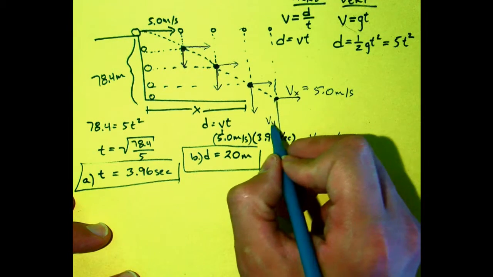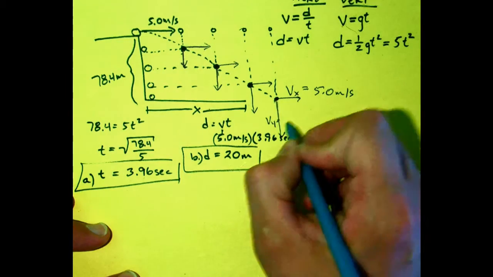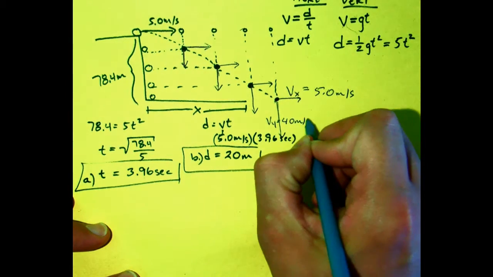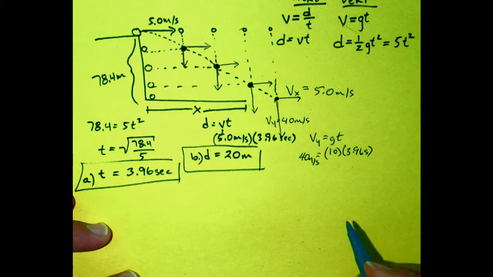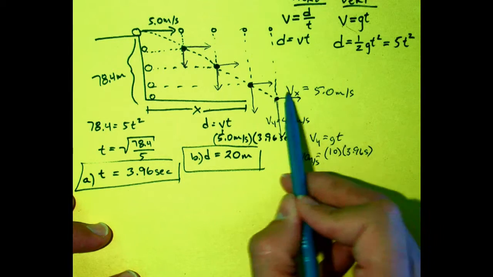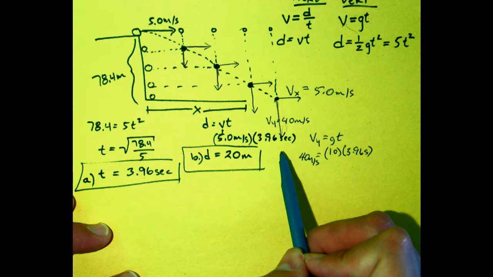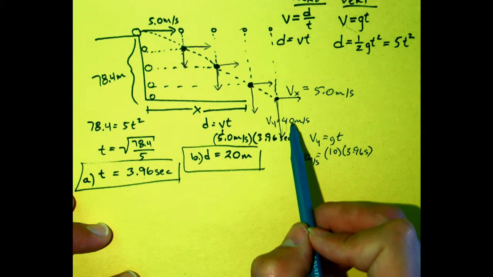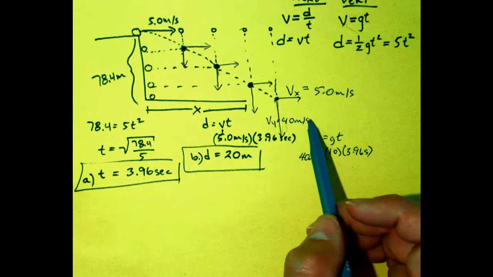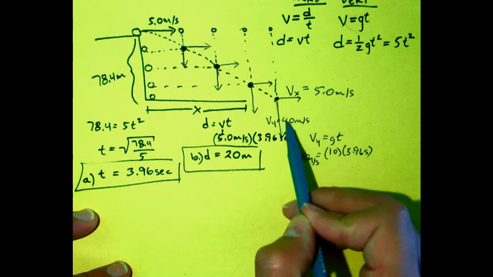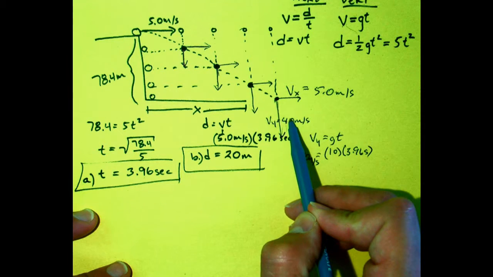So this component is about 40 meters per second. So this is the horizontal. This is the vertical. Right? The final speed, the actual speed, is the combination of both of these together.